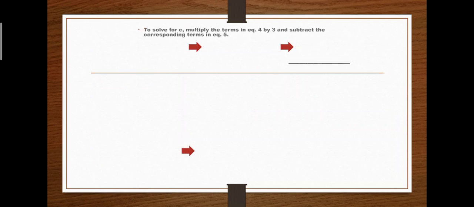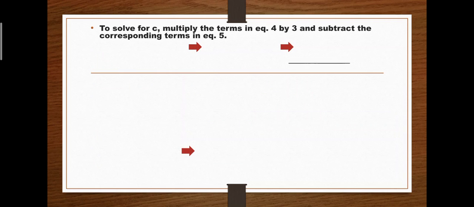Okay, next is to solve for c, multiply the terms in equation 4 by 3 and subtract the corresponding terms in equation 5. So, para makuha natin yung value ng c, no, dapat yung equation 4, multiplyan natin siya ng 3. Then, after that, isubtract natin yung nakuha natin sa equation 5.